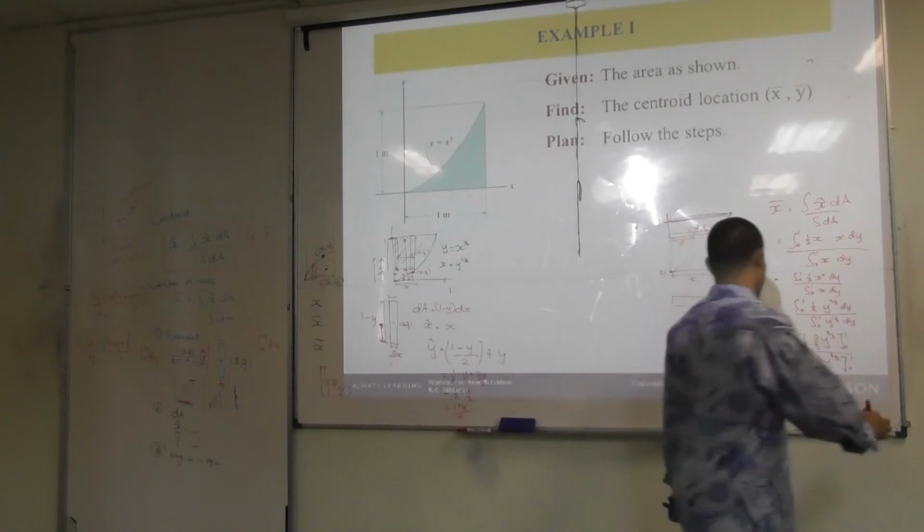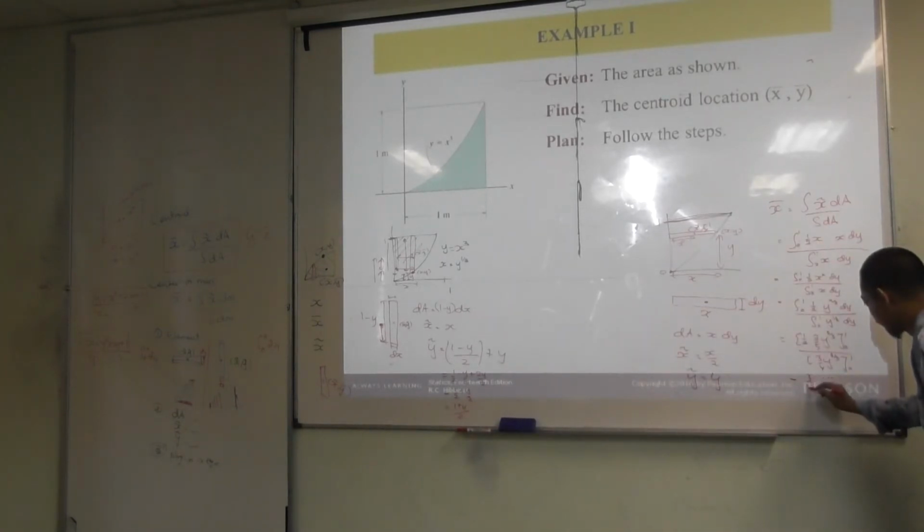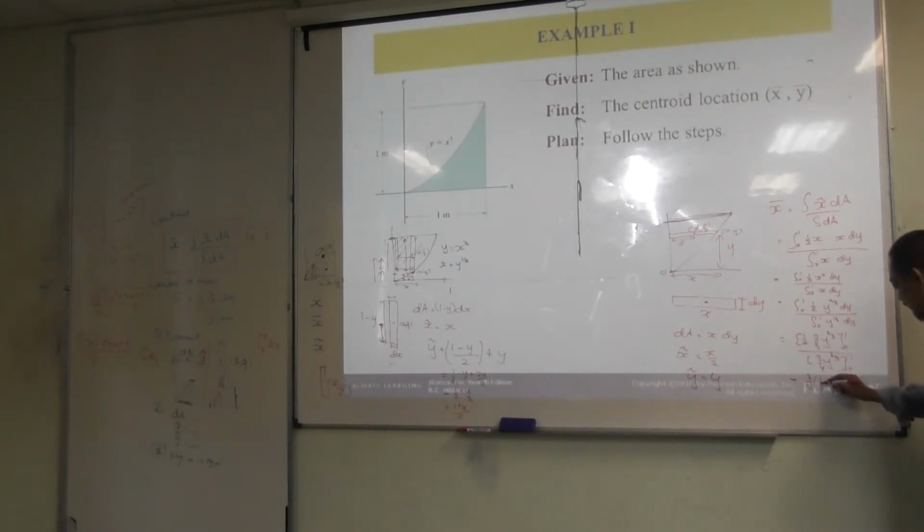So if you solve this one, basically this is 3 over 10 there. If you have 1, then it's easy because whatever power you have is just 1. And then this is 3 over 4 times 1, right? So basically you get 4 over 10, 0.4 meter.